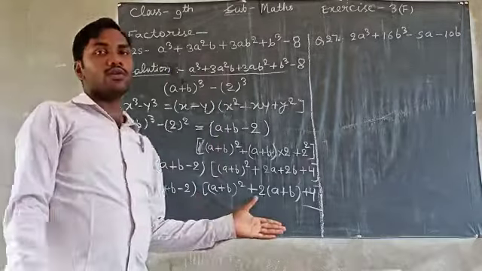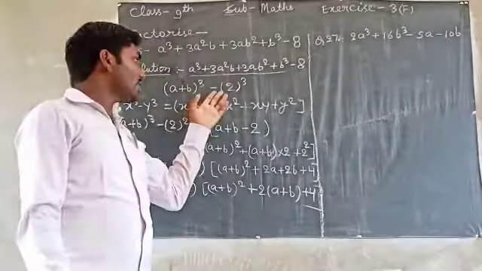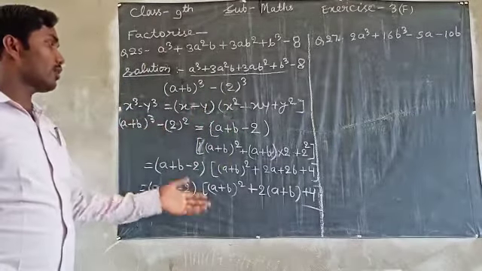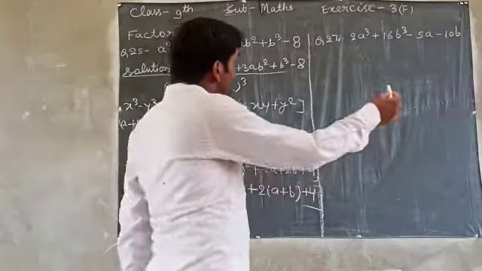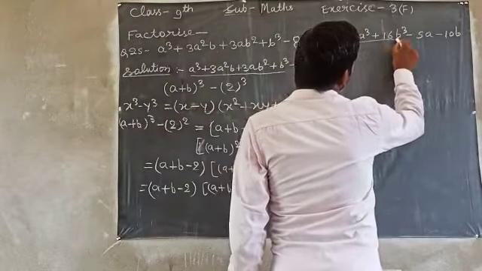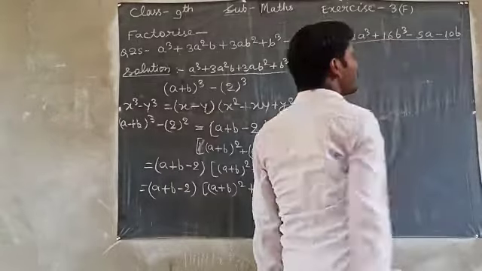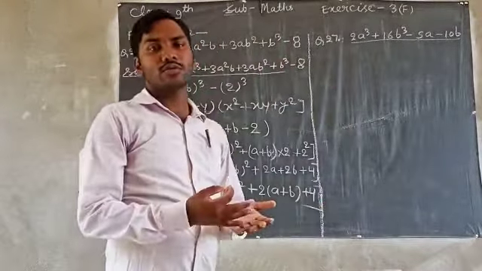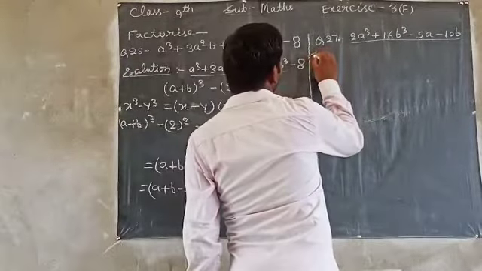So first of all, we converted the question into the form of a difference of cubes, and after that we could solve the question. Another question you can see here: 2a cube plus 16b cube minus 5a minus 10b. This is not based on any formula directly, so let us see how we will solve it.